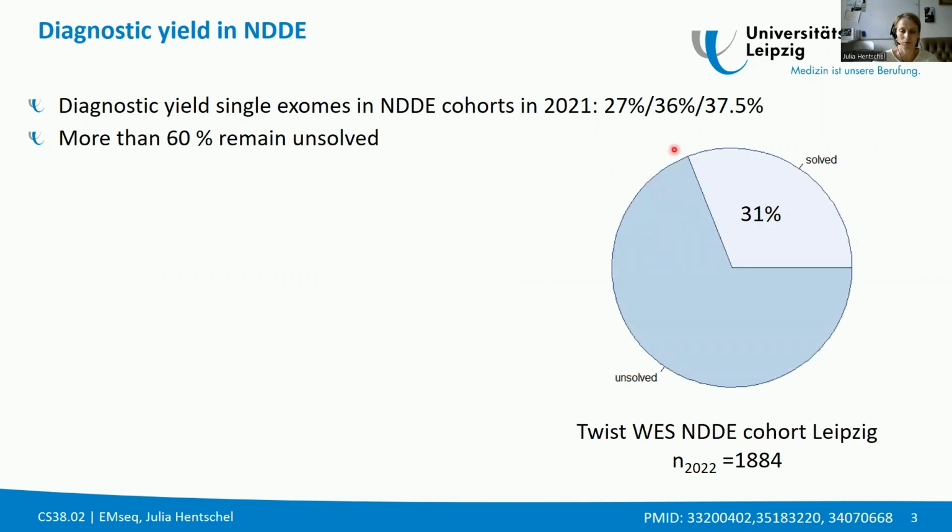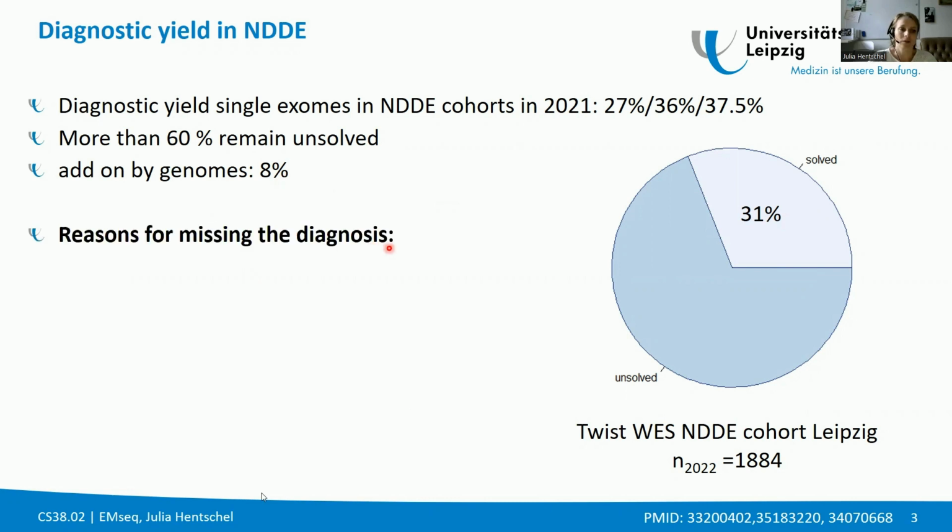And this is also what we found in our own cohort in the last year, where we can solve 31% of the NDD cases. That means that more than 60% of cases remain unsolved. And if you add genome analysis to that diagnostic pipeline, you can find in the literature data that an additional 8% of cases can be solved.